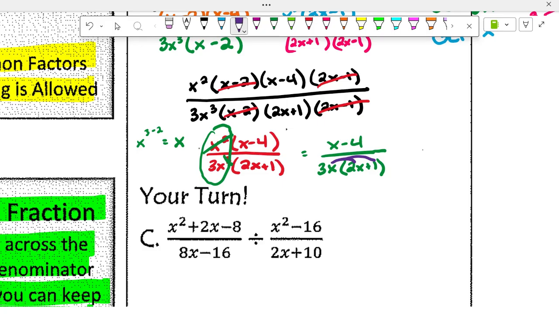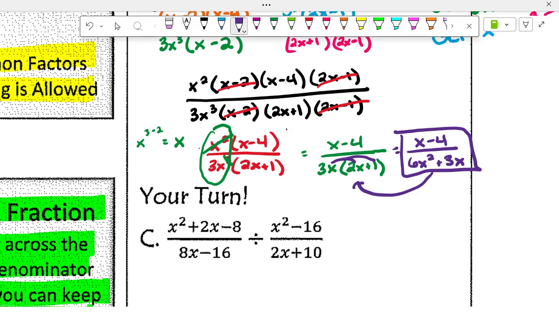But you do have to simplify the x squared over 3x cubed. So this would be x minus 4 over 6x squared plus 3x. And again, I would have also accepted the green, but not the red.